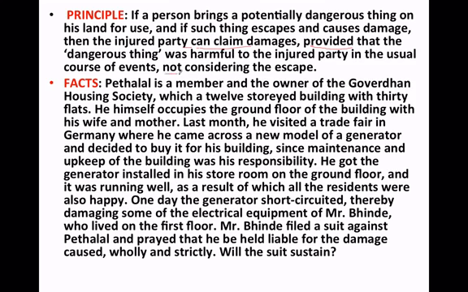See, you should underline such words, provided, not. They give you determiners, that is, they determine what kind of situations the principle will be based upon. So here it is clearly mentioned that if only the dangerous thing harms other people, then such claims can be made.